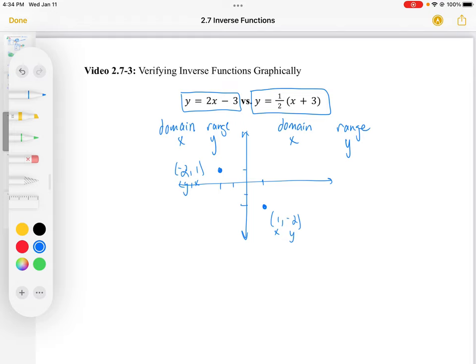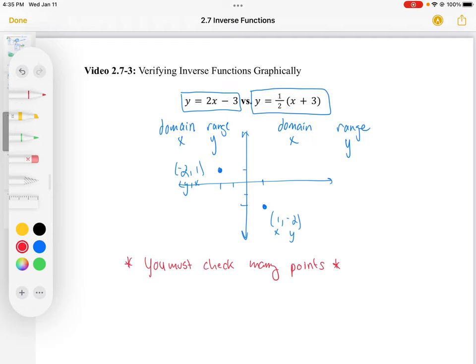I'm going to throw in a caution note. In order for this to be true, you must check many points. If you are ever asked to verify inverse functions graphically, you must check many points in order to do so.